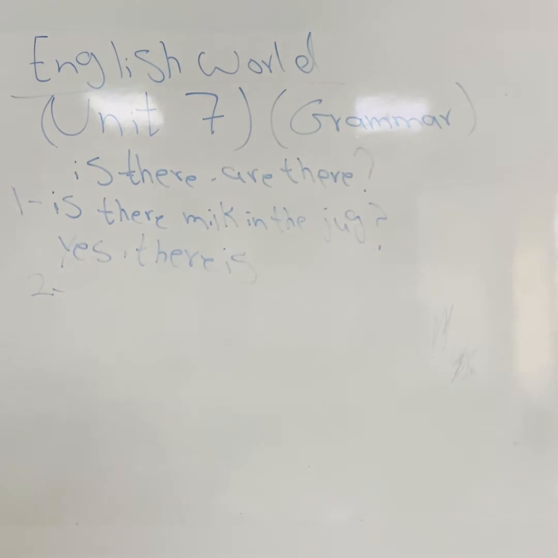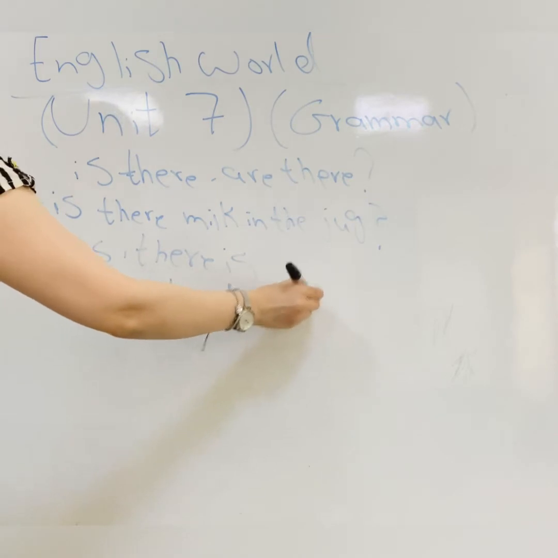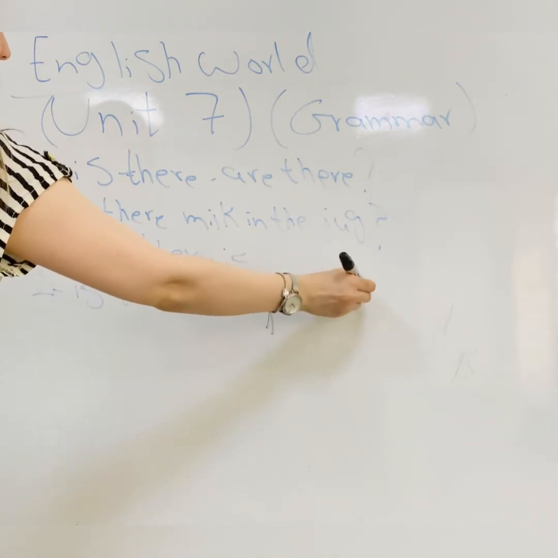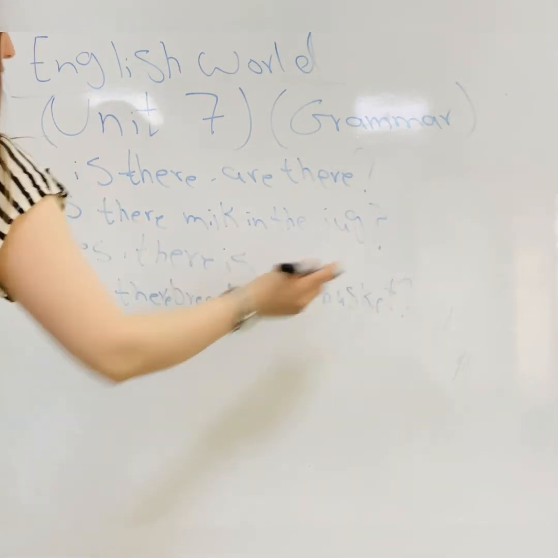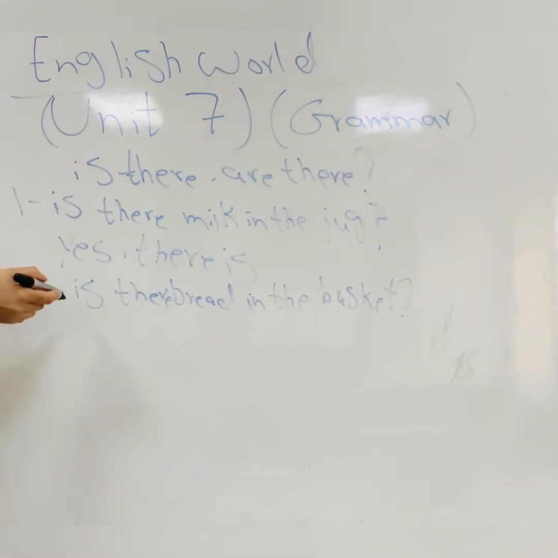Number 2, we have a picture of a basket, and under it is written bread. Because it's talking about one piece of bread, we have to say, is there bread in the basket? Is there bread in the basket? Because we are talking about one piece, we use is there.